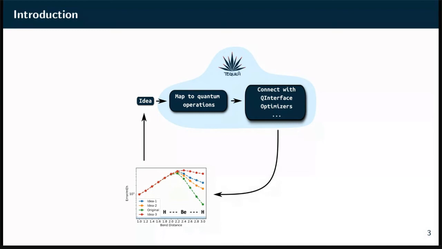And here I did 3 modifications, which are labeled here as idea 1, 2, 3. It doesn't really matter so much, the details of it, but what you can then do with Tequila is you can relatively fast have a test implementation of it, and first test, does this thing actually work, and then how does it perform.